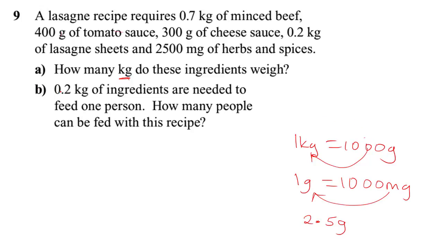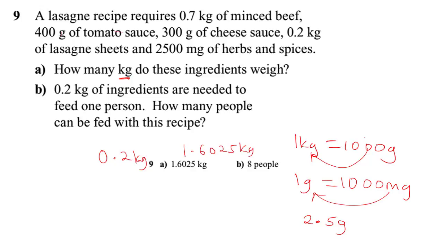For part B, it says 0.2 kilogram of ingredients are needed to feed one person. How many people can be fed with this recipe? For part B, you need to use the answer for part A to work this one out. So part A, if you did it properly, you should get 1.6025 kilograms.